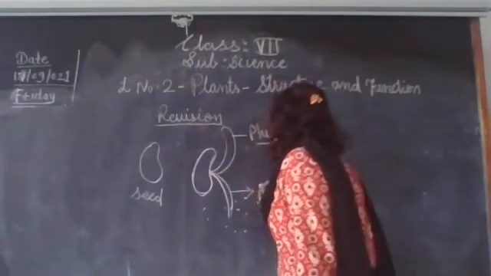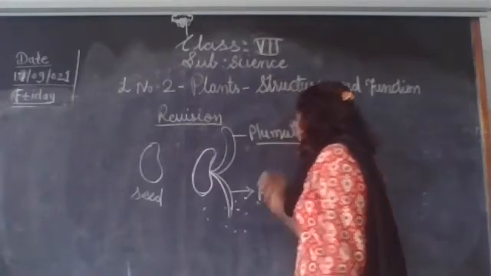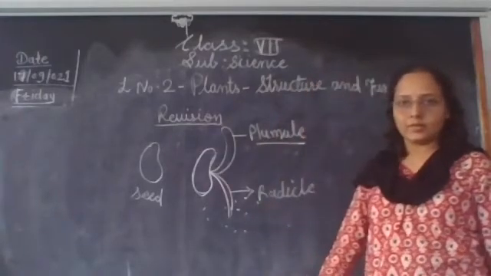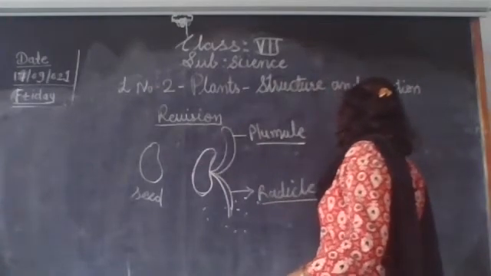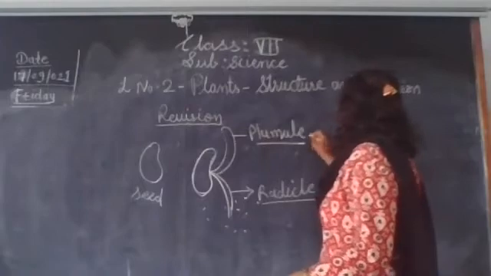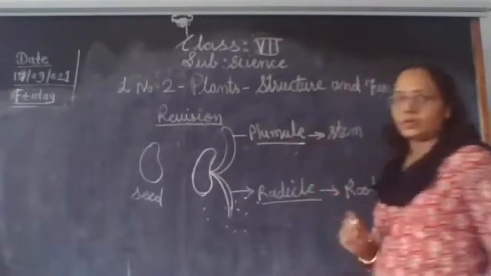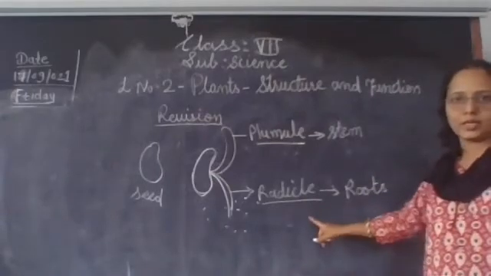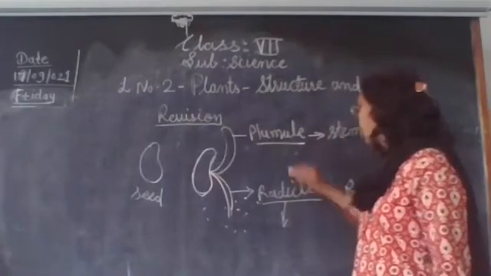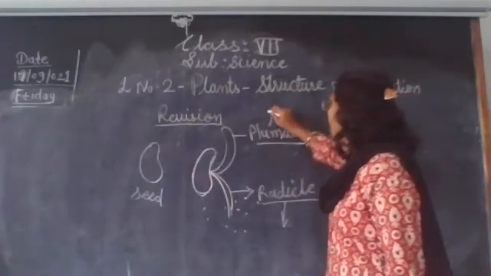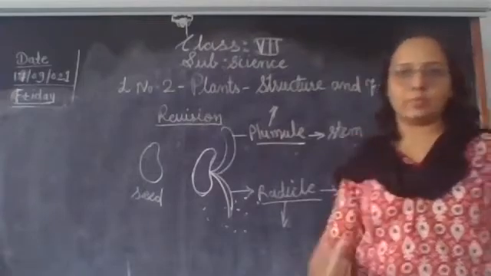This portion is the radicle, and after that the radicle gives roots, and the plumule, the portion that grows above the soil, gives the stem.